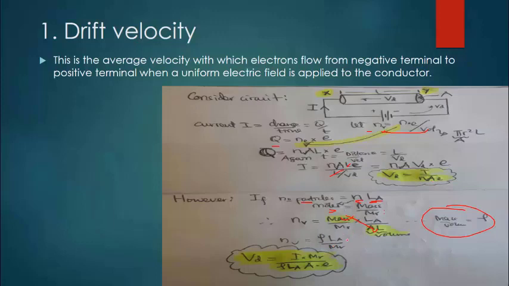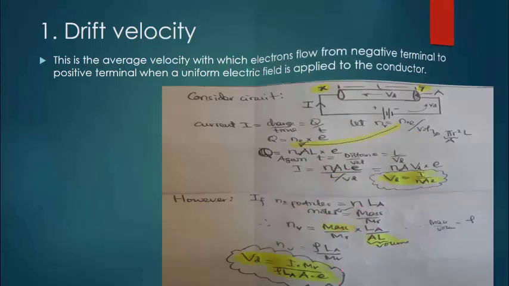So substituting this value, we substitute n with these values. Then finally our expression of drift velocity can be I times molar mass divided by density times Avogadro's constant times the area times electronic charge e. So our equation changes to be that way.